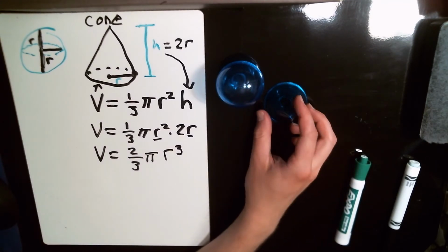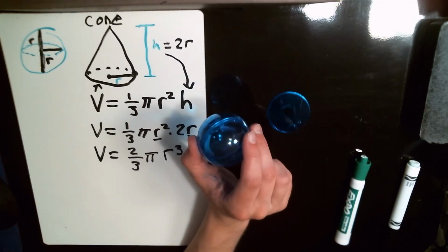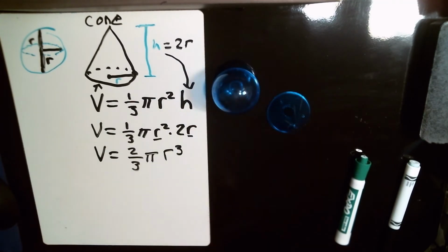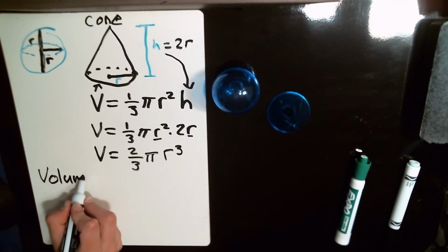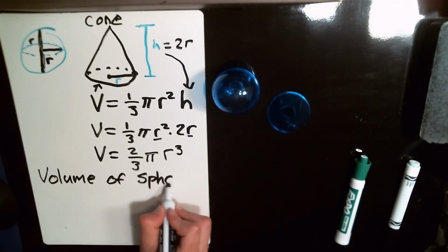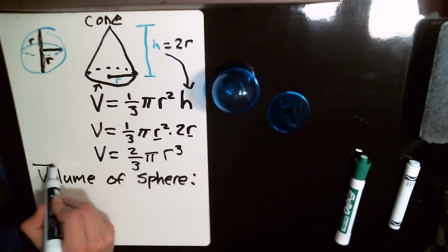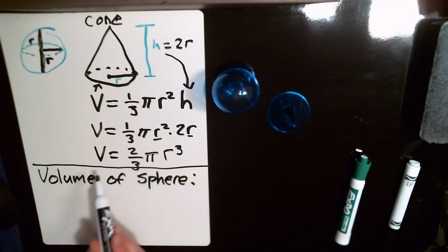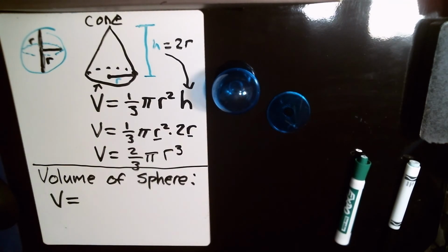We had talked about 2 cones going into the sphere, right? So 2 cones go into the sphere. So the volume of the sphere, well, we're going to take the volume of our cone, and then we're going to times it by 2.